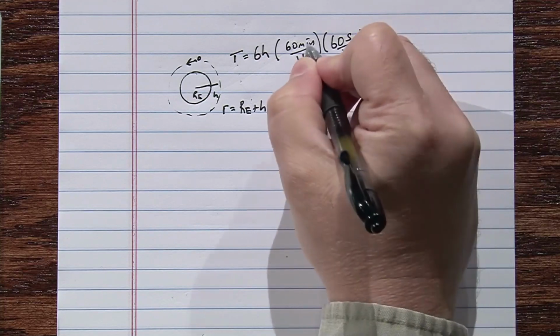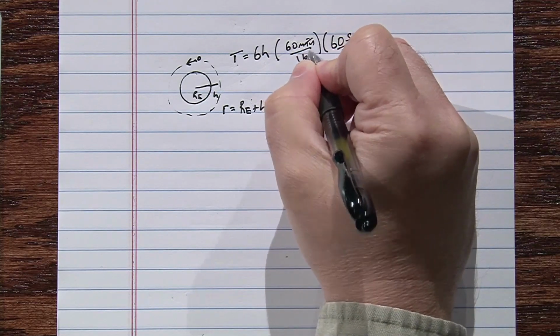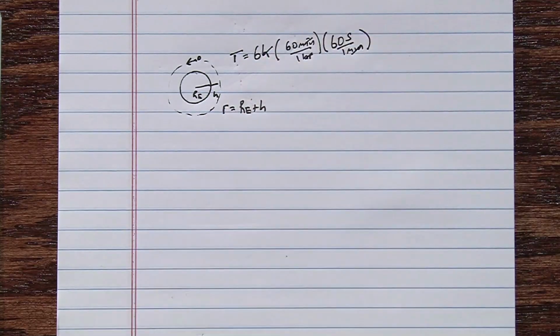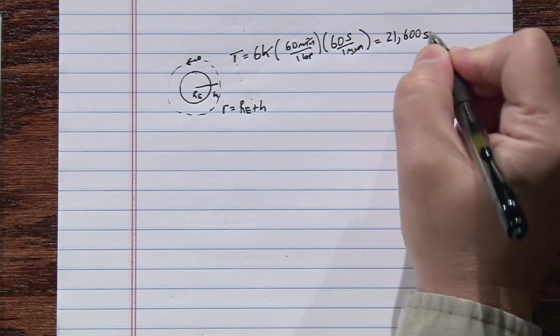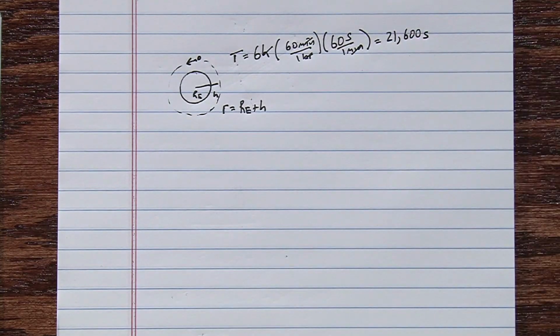That would leave us units of seconds. And what is that equal to? That's equal to 6 times 60 times 60, and that is 21,600 seconds.